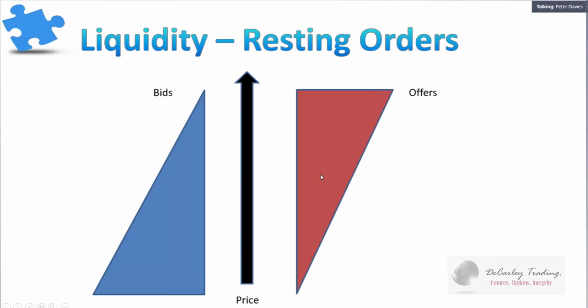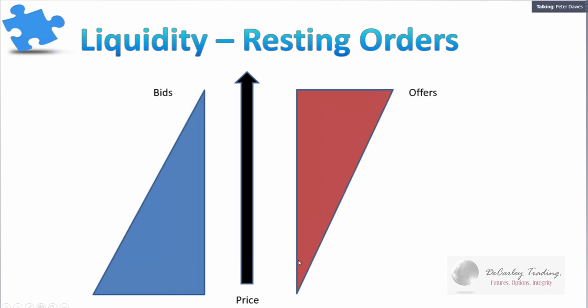Now, another way to look at this liquidity picture is quite simply that bids get thinner as we move up and offers get thinner as we move down, which brings us to another important point. If you get to an area of resistance, or an area that a lot of people think is resistance, the ceilings above you are going to be really, really thick.